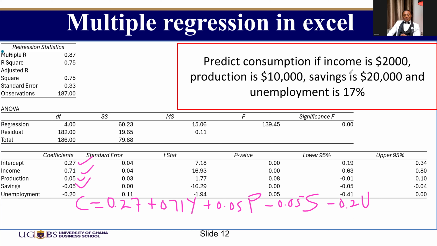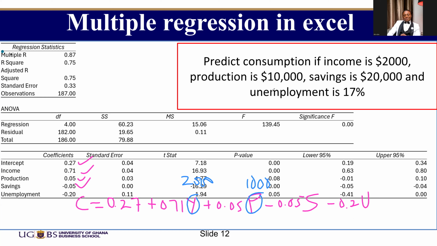And you have been told that income is 2,000. So what you do now is that you come to this section here and replace your income here with 2,000. And then you are told that production is 10,000. So you come here, you substitute the P with 10,000.